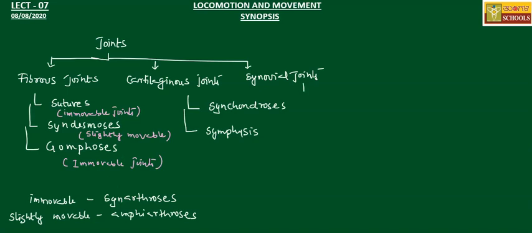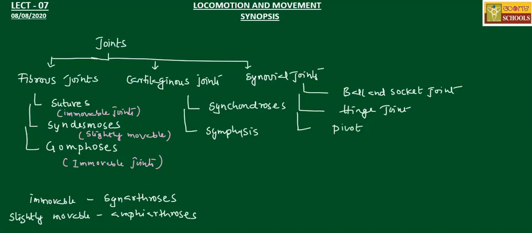And coming to the synovial joints, they include the ball and socket joint, the hinge joint, the pivot joint, the gliding joint, and the condyloid joint.